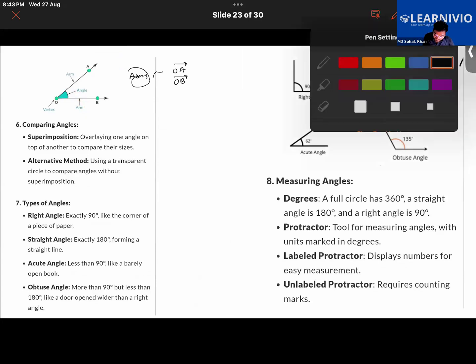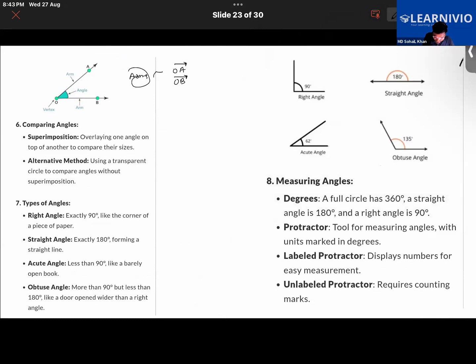Let us suppose that I am going to draw two angles such that this is angle AOB and that is angle MON. Now we need to know which angle is bigger and which angle is smaller.